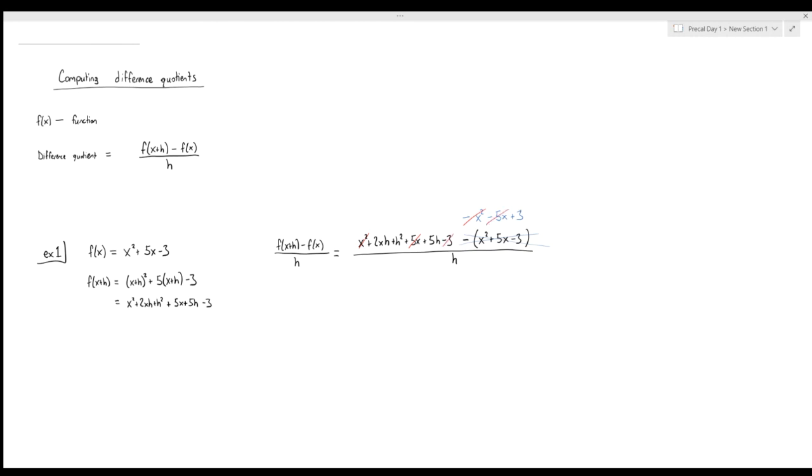And then we have minus 3 and plus 3. So all of those are going to cancel out first. Okay. So let me just rewrite what we have right now. So in the numerator, we still have 2xh plus h squared, and then plus 5h. And then all of that is divided by h. Okay.